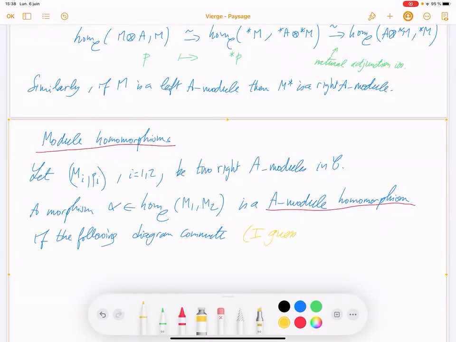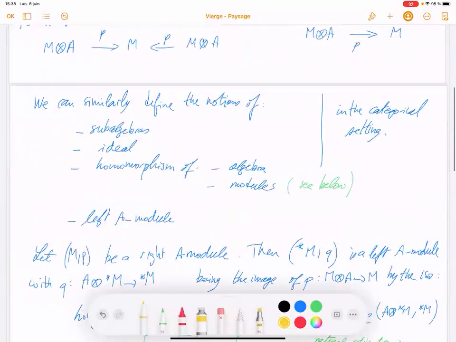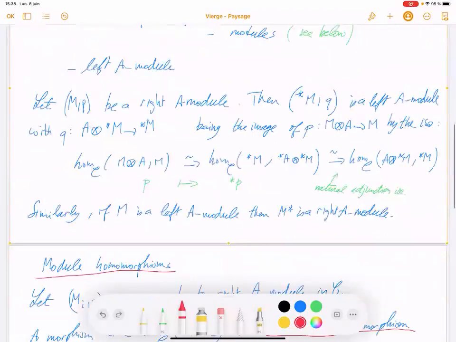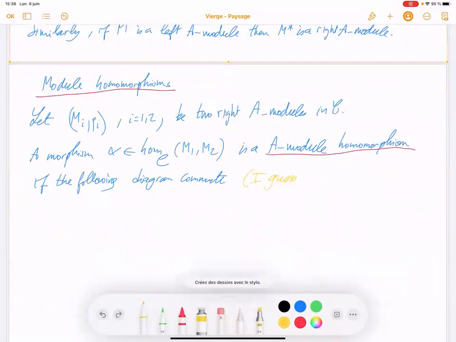The book just says that we can define everything similarly, so I choose to define it myself in this case. I guess what I give here is really the good definition. This commuting diagram looks very natural, so there should be no problem, and I guess there is no other diagram to commute.